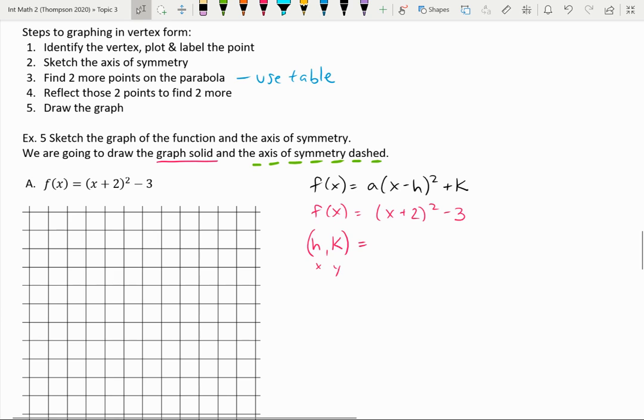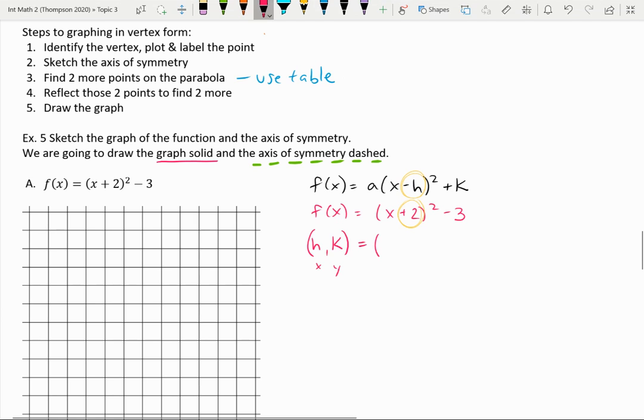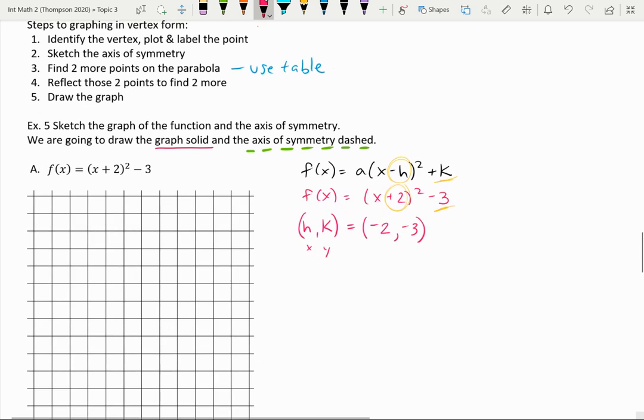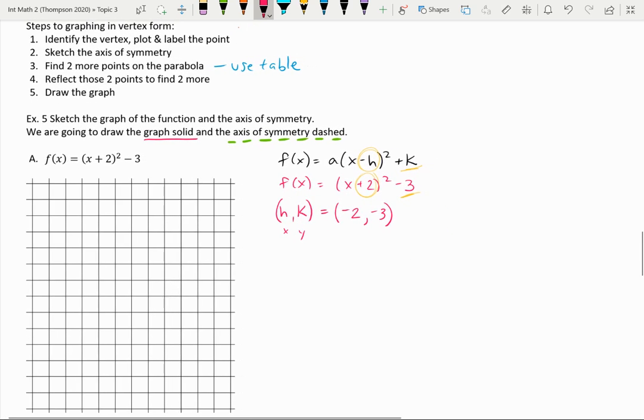It is the vertex. So to get that, you'll notice right here that this is minus h, so I'm basically going to take the opposite of 2. So I've got negative 2 for my x value, and then the y value just rings true. So I'm going to have negative 3 here. Okay, so my point is going to be negative 2, negative 3.